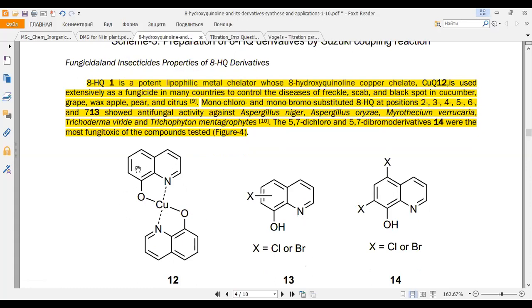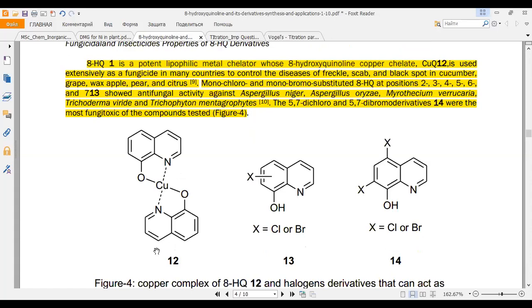This copper chelate is used as a fungicide in several countries to control the disease of freckles, scab, and black spot in cucumbers. In different fruit, you can use this as a fungicide, to kill fungus. And also you can use the other derivatives of 8HQ as an antifungal agent.